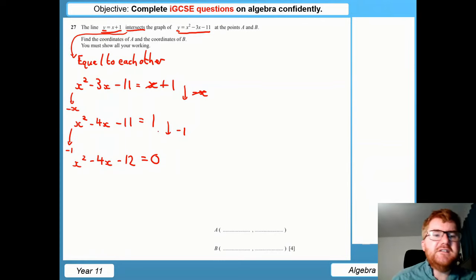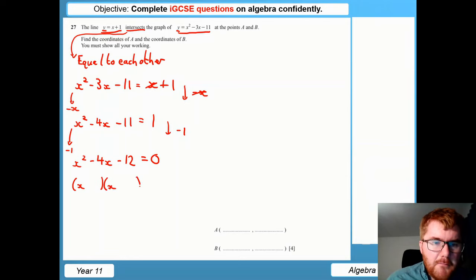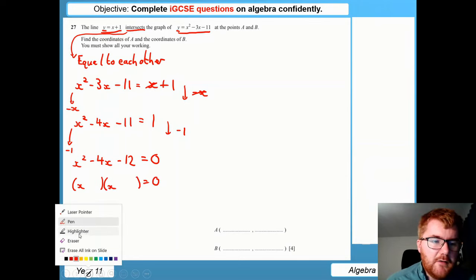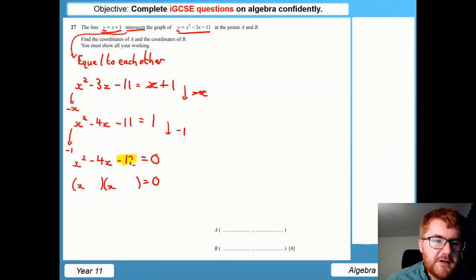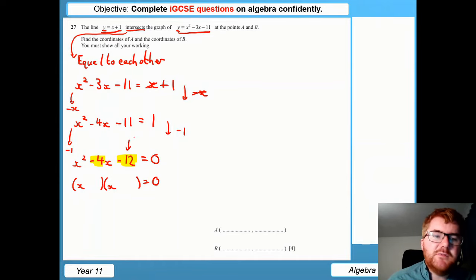At this point, we need to do some factorizing, okay? This is the easiest way to solve these equations. So I'm going to set up my brackets and remember the two key rules. I'm going to highlight this. So if we do this a bit later on, you're going to see this in action. So I want two numbers that multiply to give me minus 12, but I want two numbers that add also to minus 4.